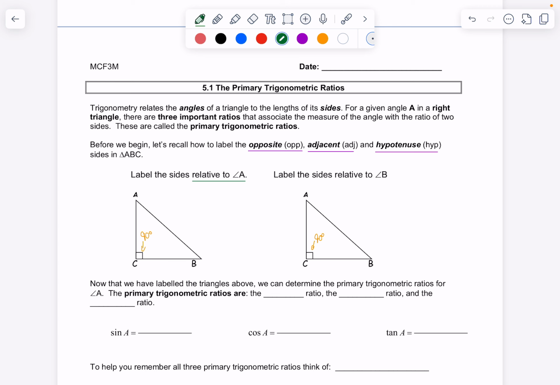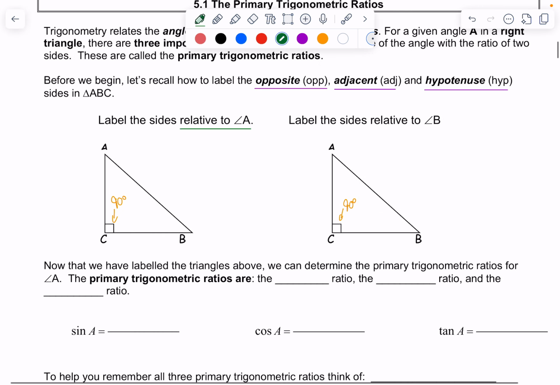Okay, so we have two triangles here that are identical. In this first one, we're making a reference to angle A, and I want you to label the three side lengths: opposite, adjacent, and hypotenuse. Going across from the 90 degrees in a right angle triangle, this will always be your hypotenuse, hyp for short.